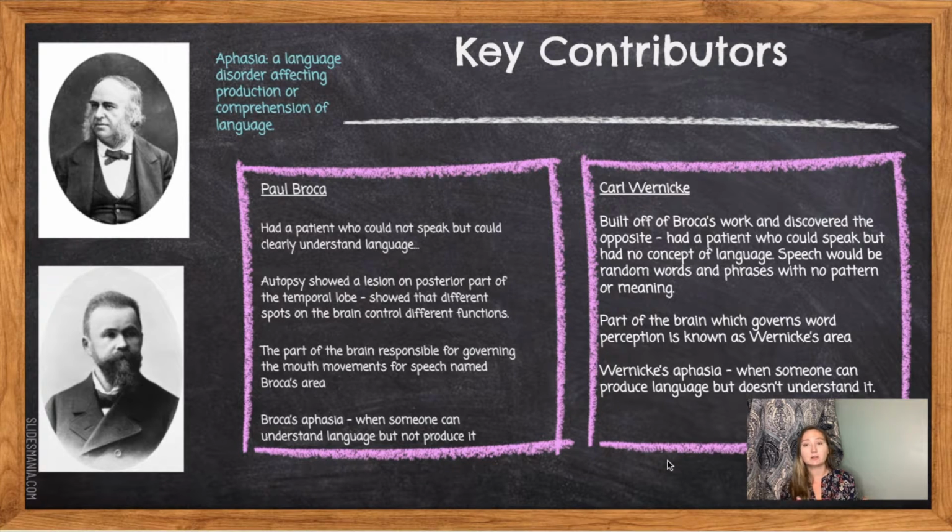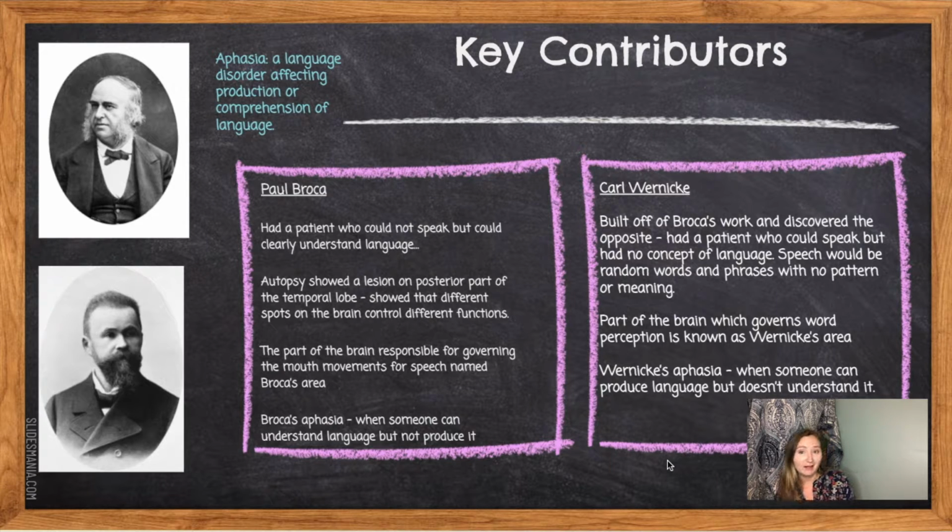Paul Broca comes first, sorry. He had a patient that couldn't speak, but could clearly understand language, because he would tell him things like, whistle, and he would whistle, but he couldn't talk, right? When he died, they did an autopsy, and it showed that he had a lesion, which is basically brain damage, on the posterior part of the temporal lobe.